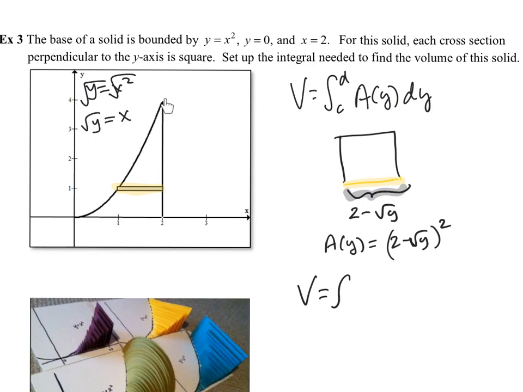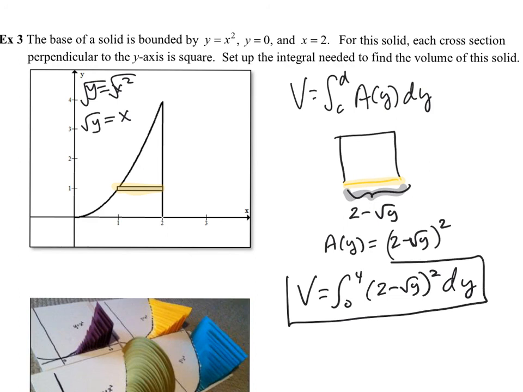So we would integrate from 0 to 4 of 2 minus the square root of y, the whole thing squared, and then don't forget your dy. All right, so this expression represents how we would find the volume of a solid that has this shape for its base and whose cross sections are squares.